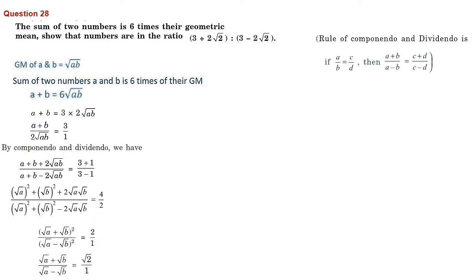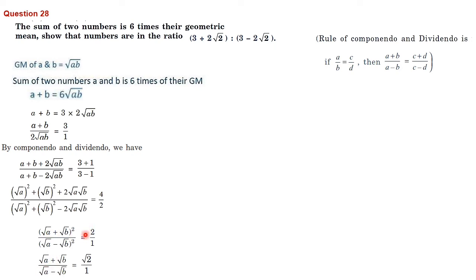Then taking the square root, the squares go away, so root a plus root b by root a minus root b is root 2 by 1.